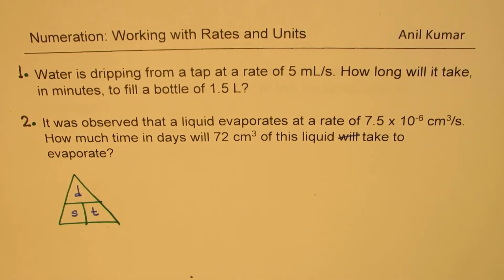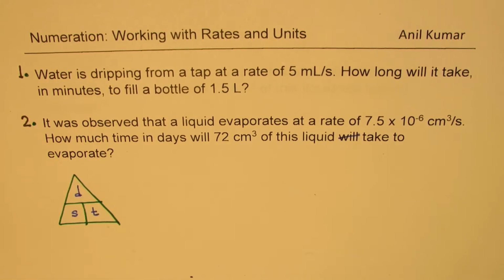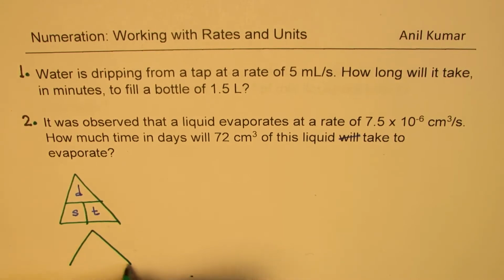Now, rate is the same as speed. So think about a similar triangle when we are talking about rate and capacity.